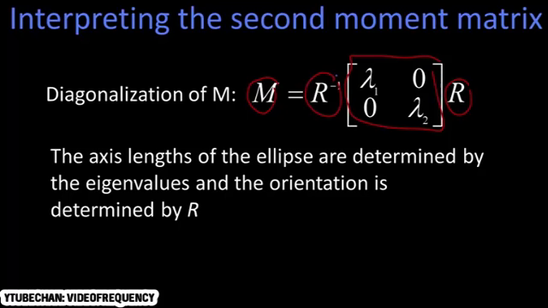The axis lengths of those ellipses, how big they are, are determined by the eigenvalues of that diagonalization, and the orientation of the ellipse is determined by that rotation.